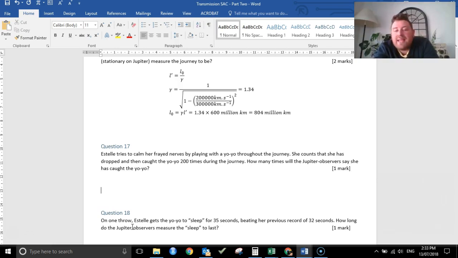Now, you might say that took 5 minutes, and I might say it took 30 seconds, or we might disagree about time lengths between events, and we might disagree about how long the string on the yo-yo is and so forth, but we're not allowed to disagree about whether something happened or not. So if I say something happened 200 times, you have to too, which means the Jupiter observer has to observe 200 yo-yos.